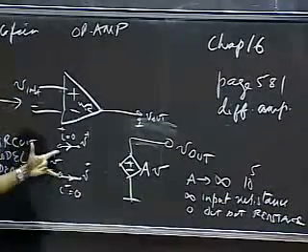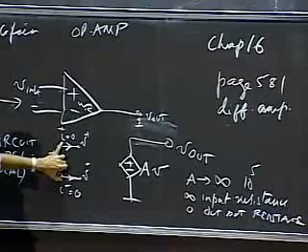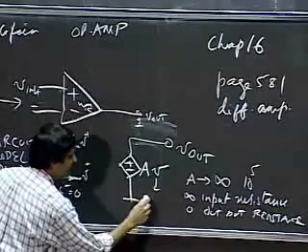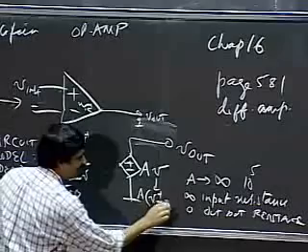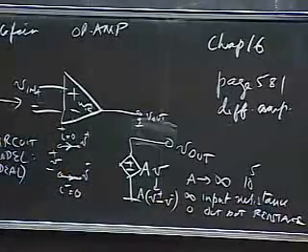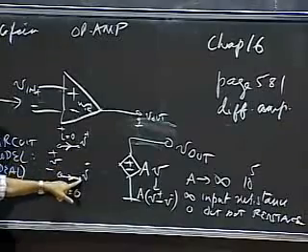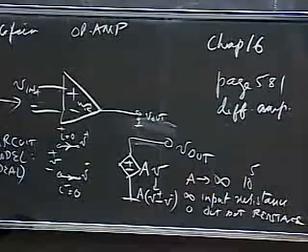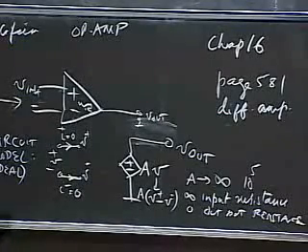Note that this amplifies the voltage difference between these two terminals. That's V here, and V is simply V plus minus V minus. It's the node voltage here minus the node voltage here. That's what's amplified, so it amplifies a difference. Therefore, it's called a difference amplifier or a differential amplifier.